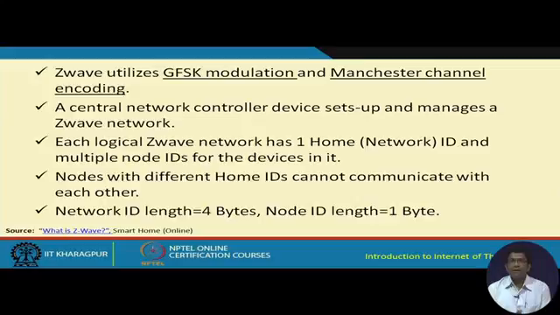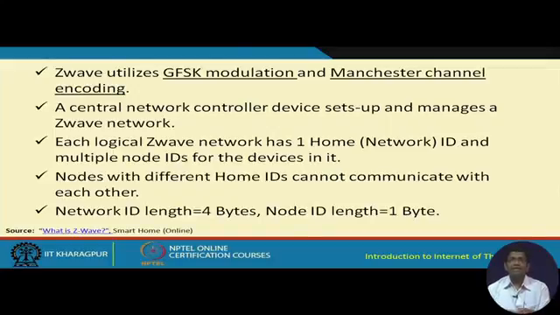What I am saying is that every home has its unique home ID or network ID, and only the Z-Wave devices in that particular home will be able to communicate. They will not be able to communicate with other homes.